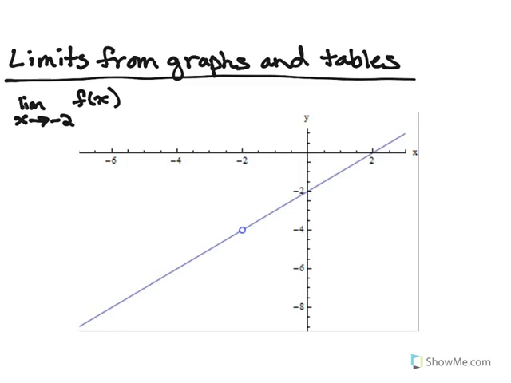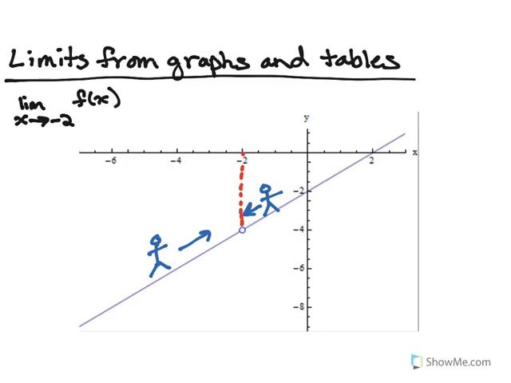So on my graph here, I want you to imagine that I've got these two guys walking down the sidewalk towards each other. And when x gets to -2, that's where we're looking to see what's happening.